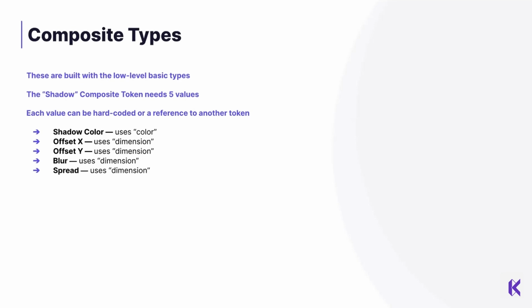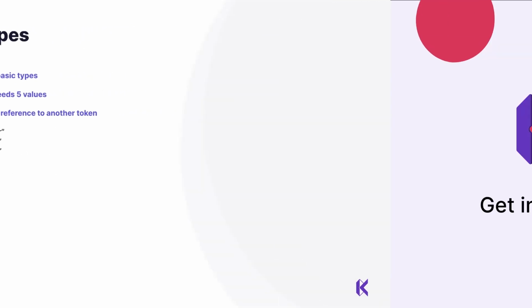Breaking your tokens up into low-level solid pieces is a very good call. Again, dimension being a single value, like 5 pixels, as opposed to something using multiple spacing values that could get passed to padding, would be a little less flexible.